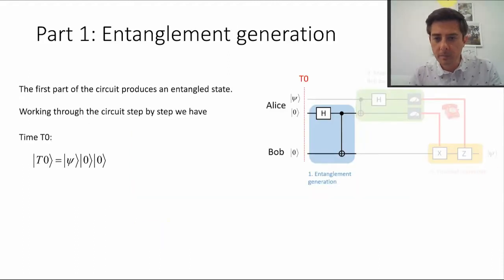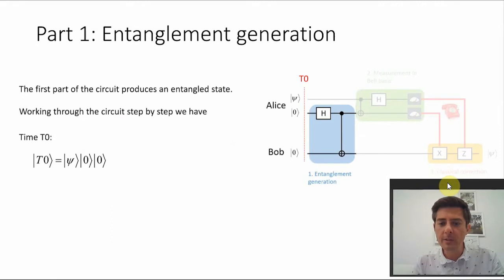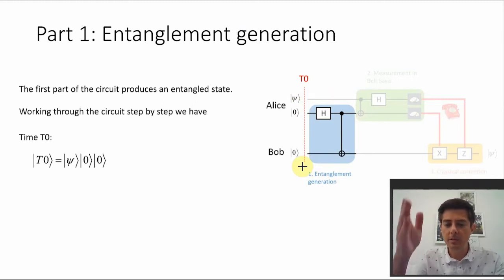Firstly, let's look at the first part, which is the entanglement generation part. We talked about the swap circuit in the previous lecture, and when we did that, we went through the circuit and drew a time slice through the circuit.